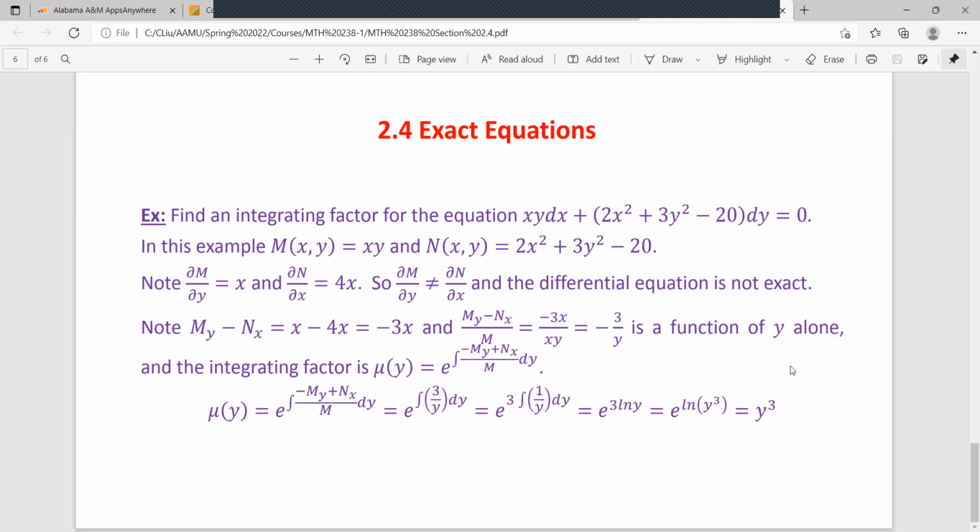Any questions so far about the exact equations? That's a little more complicated topic. We started from 2.2 separable equations to 2.3 linear first order differential equations, and then 2.4 exact equations. So every time the subject gets a little more complicated.